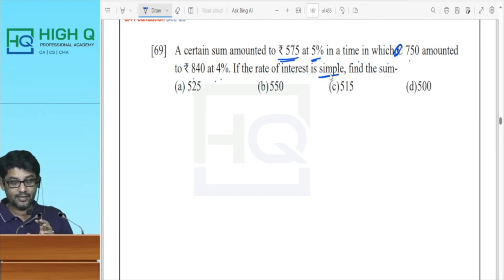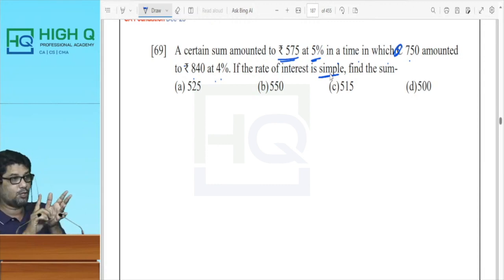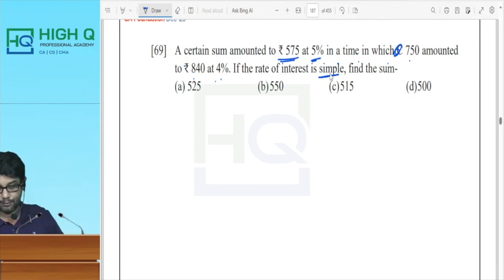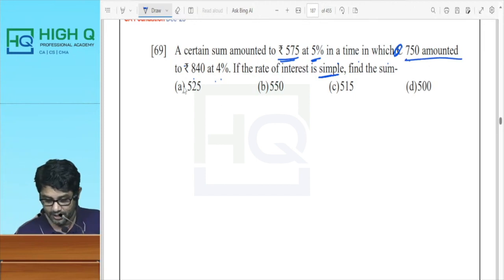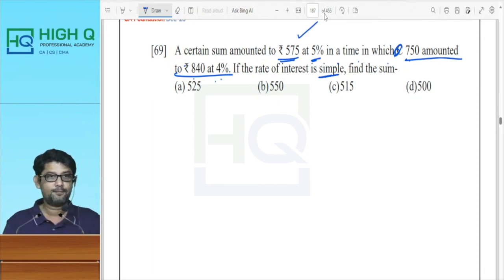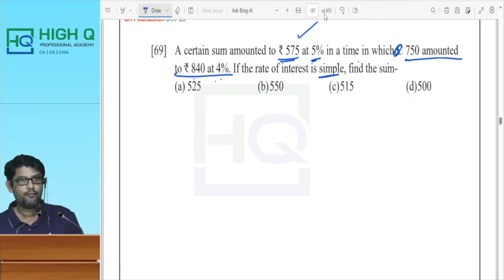In the second condition, 750 amounted to 840 at 4% in a particular time. So this time and the first condition time are one and the same. So take the second condition, my dear, and find the time. Use the time here to get the interest. For this particular question, I am giving you 40 seconds.